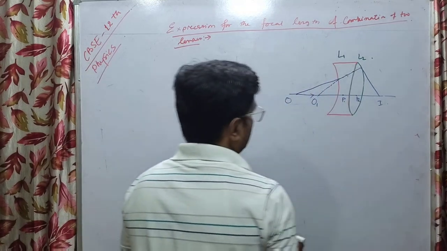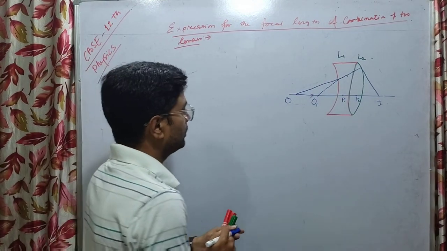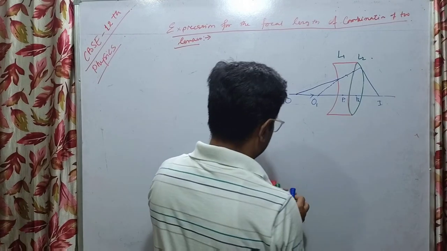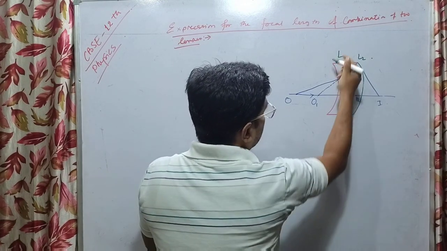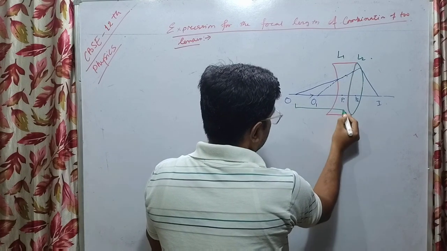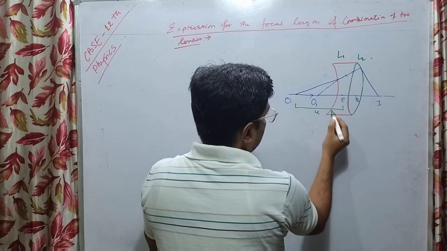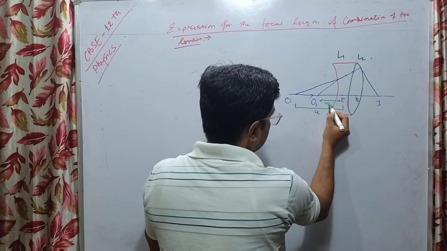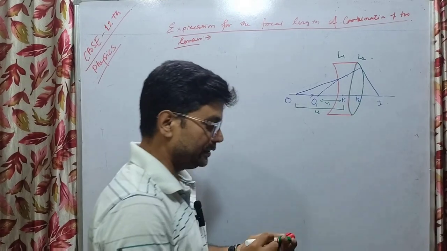Listen, students. Object distance for lens 1 is this. It is U. And image distance for lens 1 is this. It is V1. Again, students, listen carefully.